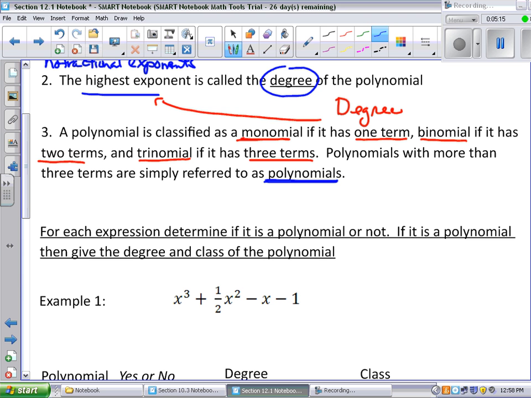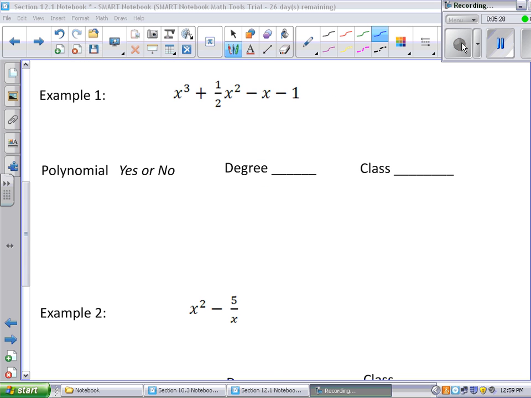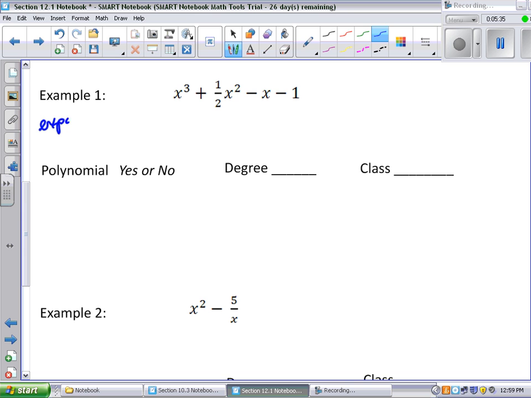For each expression, determine if it is a polynomial or not. If it is a polynomial, give the degree and the class of the polynomial. Okay, first of all, when we're deciding if it's a polynomial, we want to make sure all the exponents are whole numbers.